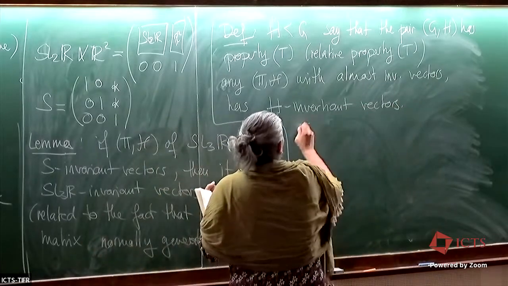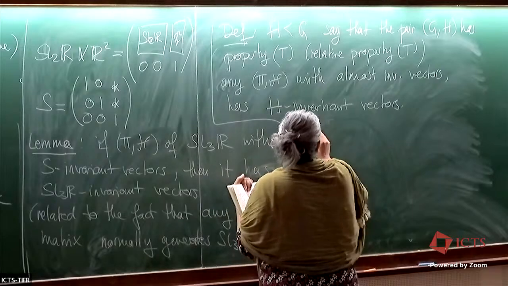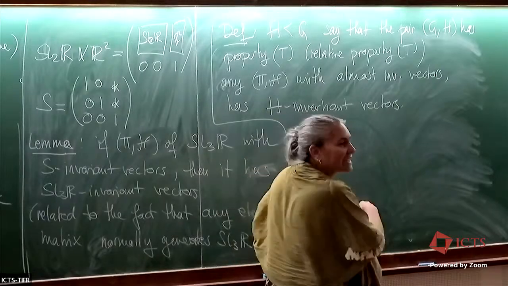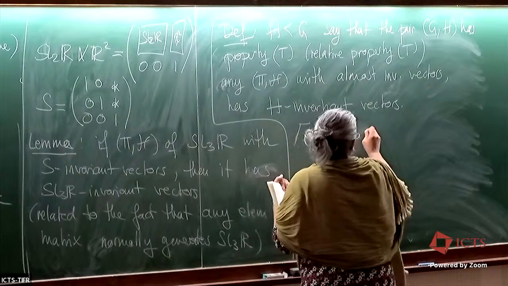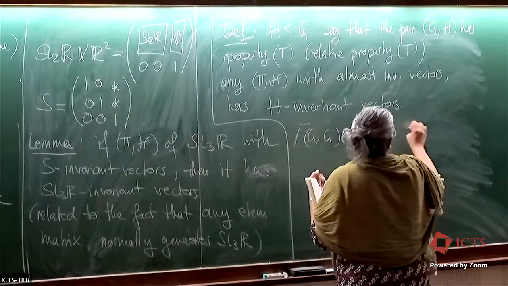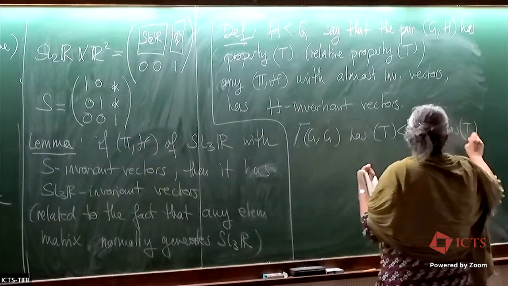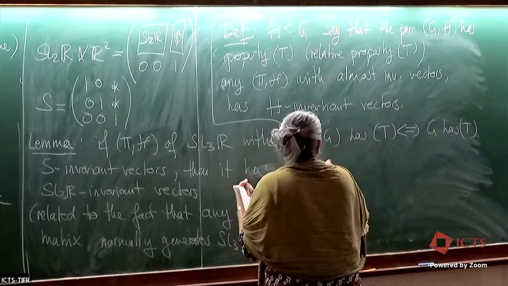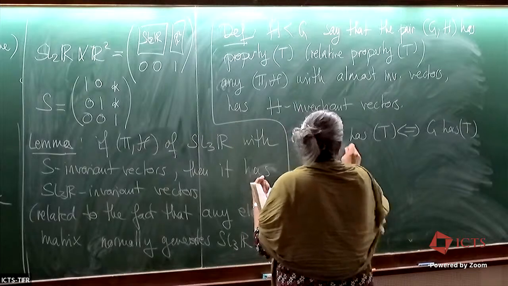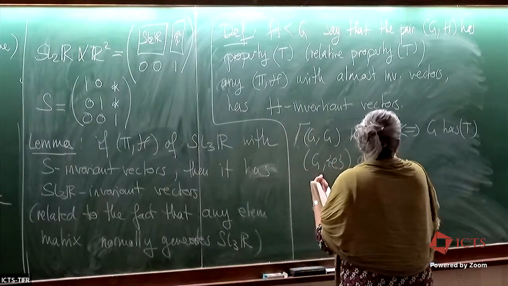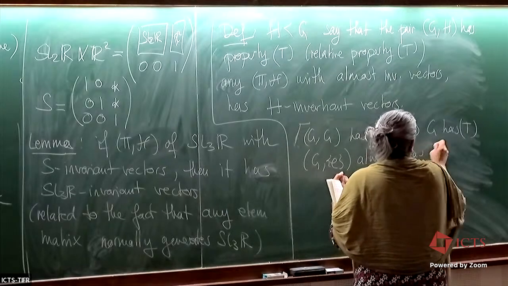So if the pair (G, G) has T, that's the same thing as saying that G has T, and also (G, neutral element) always has T.